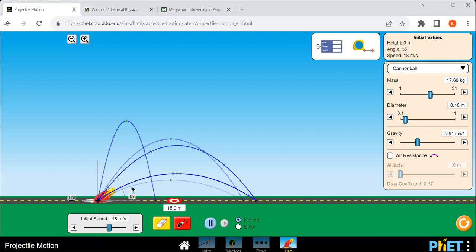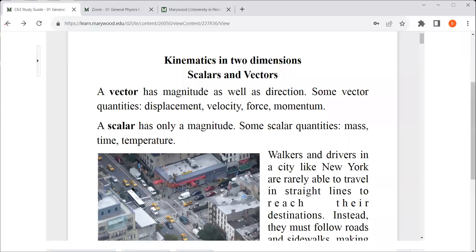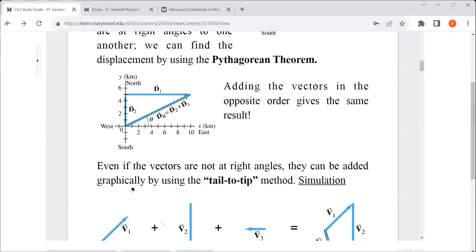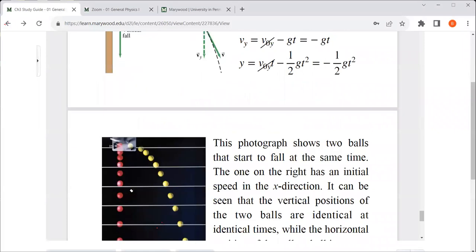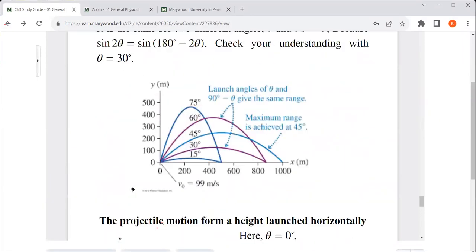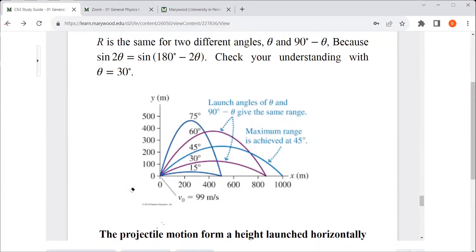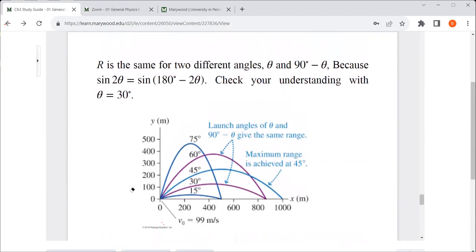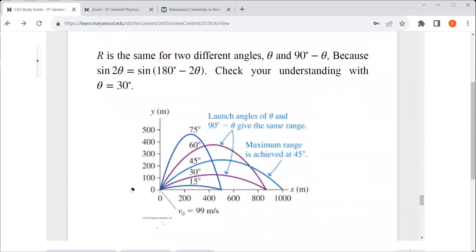To understand what it means, let's get back to the slide. Here you see that we get the same horizontal range for two different angles. How do we calculate this angle? In trigonometry there is another identity: sine 2 theta is equal to sine of 180 degrees minus 2 theta.